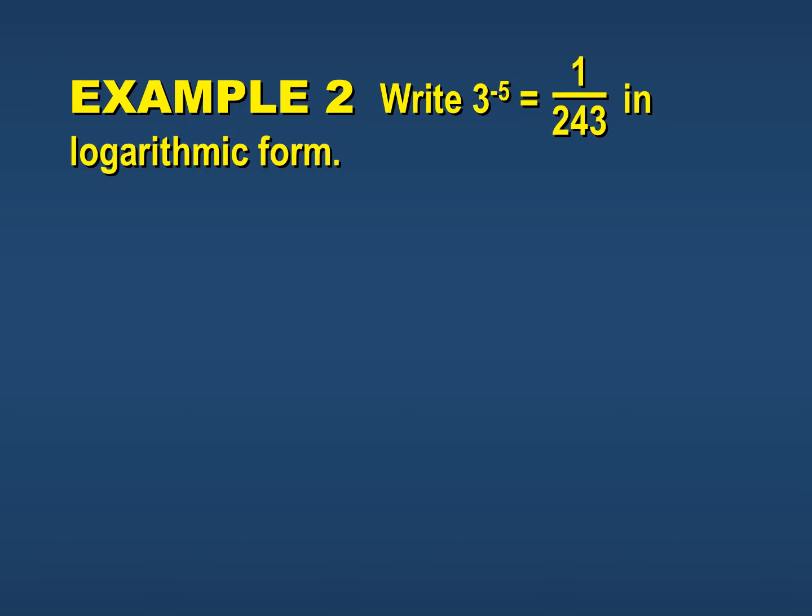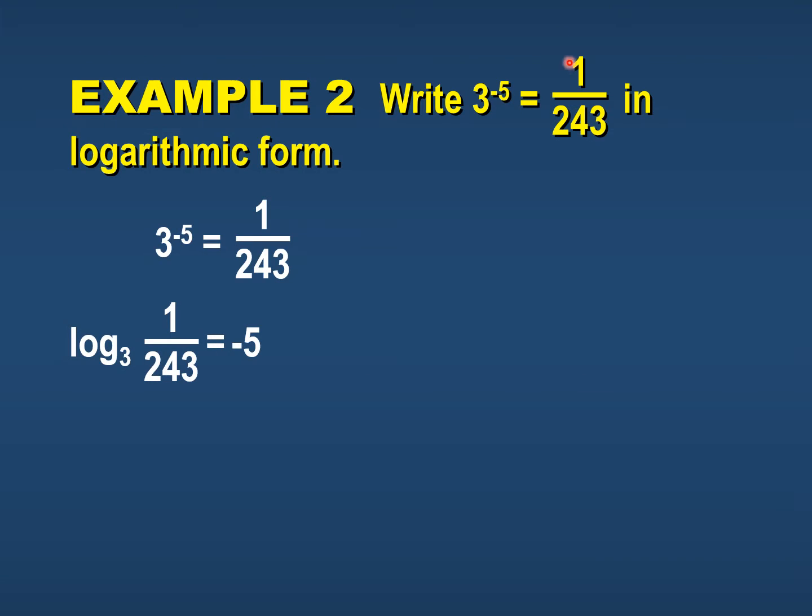For this one, write 3 to the negative 5th equals 1 over 243 in logarithmic form. Remember, our base is going to be the same base as your exponential. So you have log base 3 of 1 over 243 equals negative 5.